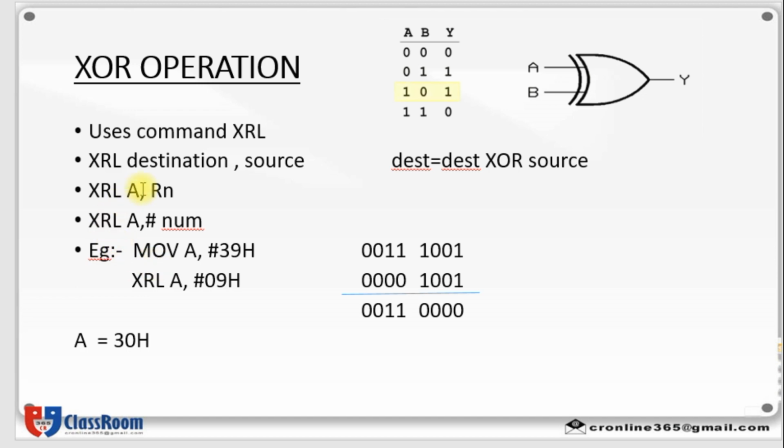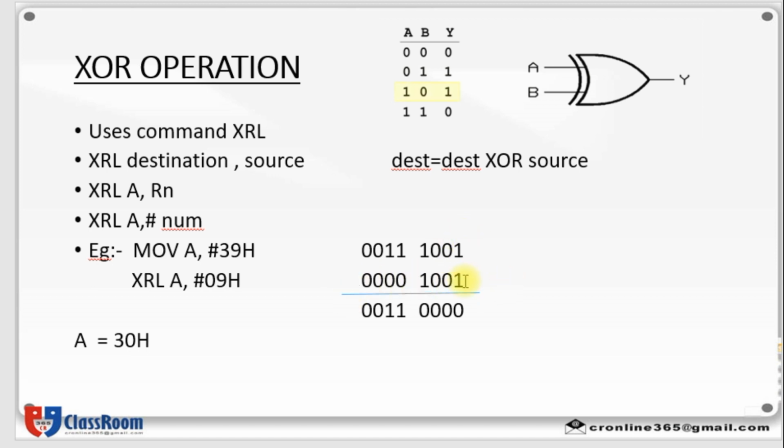Then XOR operation can also be performed in 4 addressing modes. For example, MOV A comma hash 39H, A will be having the value 39, XRL A comma hash 09, so the accumulator value will be XORed with 09.